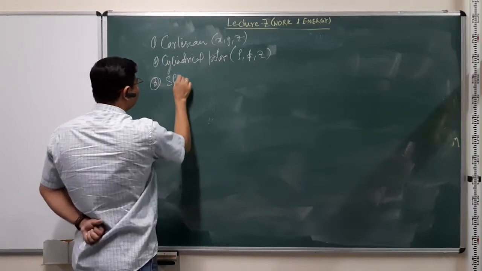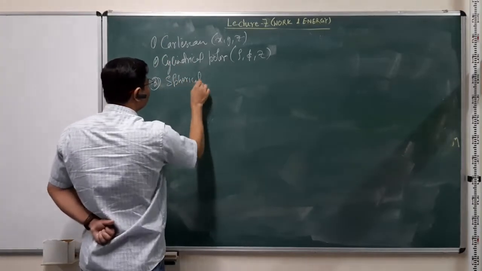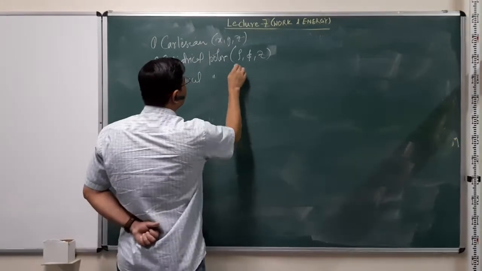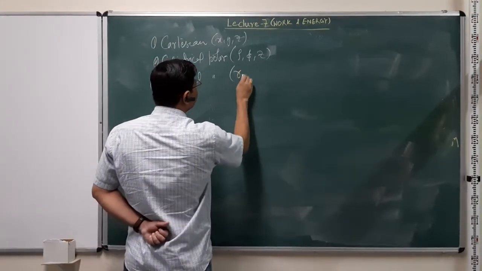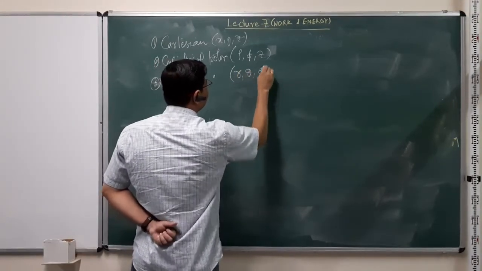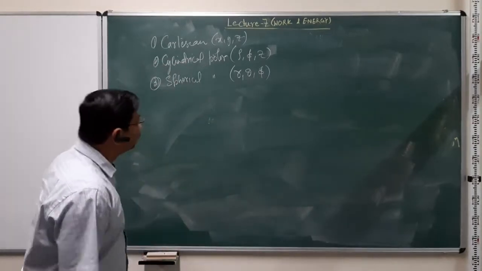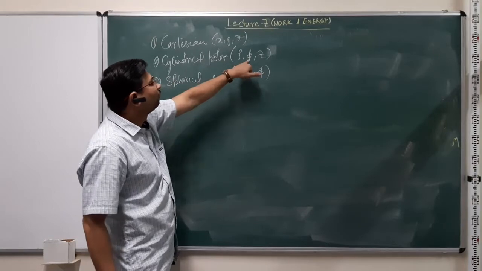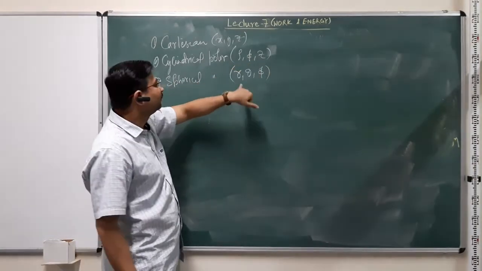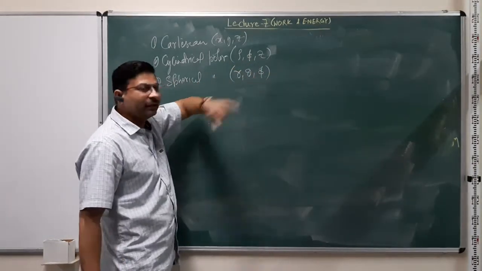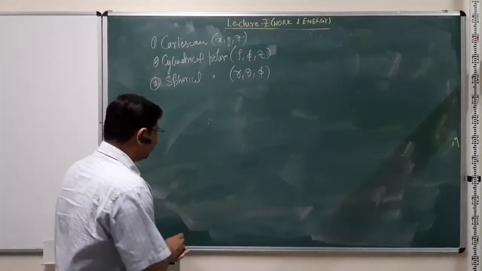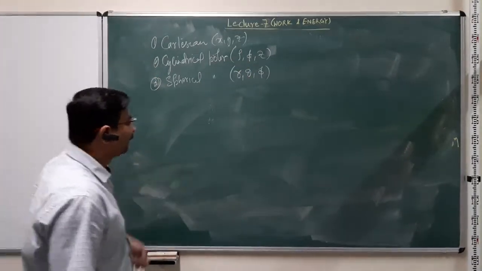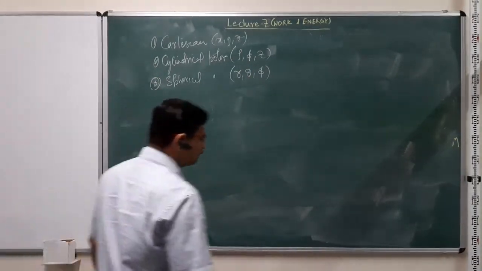And then we have the spherical polar coordinate system, which is defined as r, theta, and phi. So these are 3 coordinate systems. x, y, z are all linear dimensions. In rho, phi, z, phi is an angular dimension. In r, theta, phi, theta and phi are angular dimensions. So all we have to do is write down different things in these 3 coordinate systems. So let's do that.